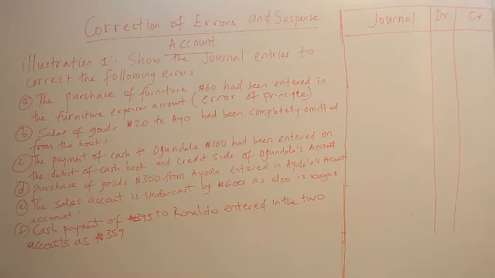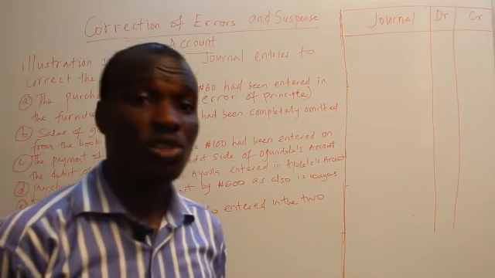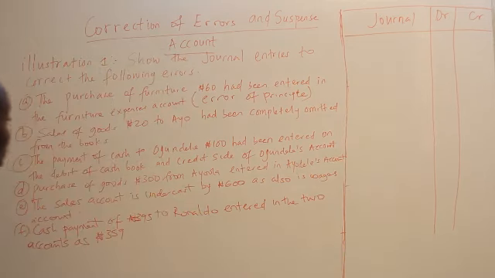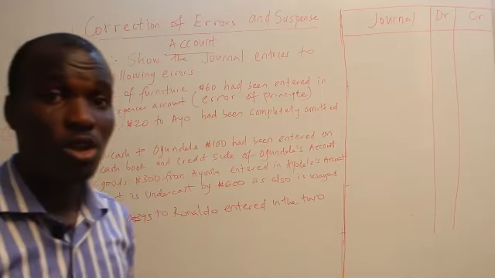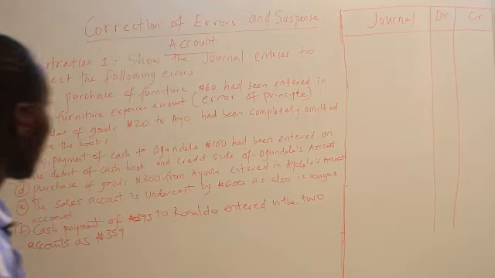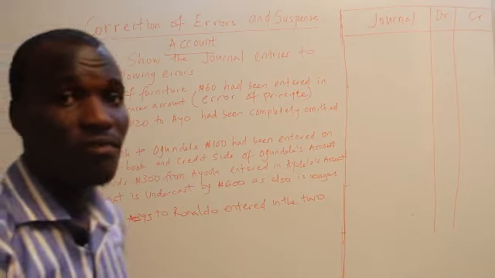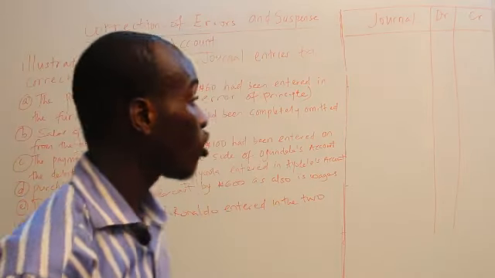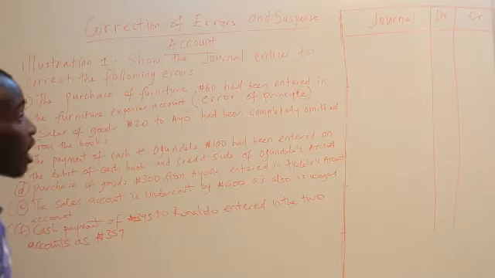Purchase of furniture 16 naira entered in the furniture expenses account. That 16 naira should have been debited to the furniture account, but it was debited to what? The furniture expenses account. So we are going to take the amount from the furniture expenses account by crediting the furniture expenses account and also debit the furniture account.